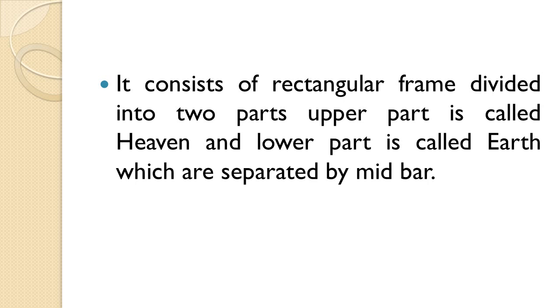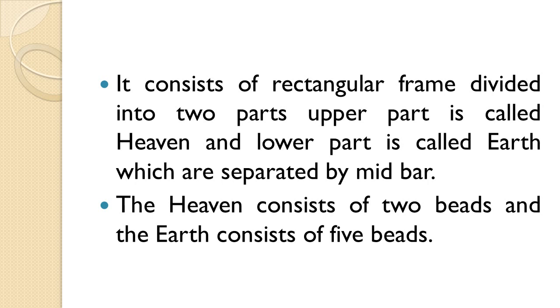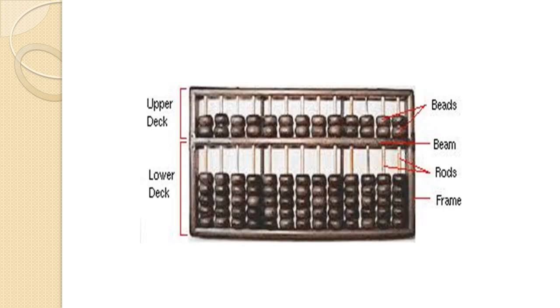An abacus consists of a rectangular frame divided into upper and lower parts. The upper part is called heaven and the lower part is called earth, which are separated by a midbar. The heaven consists of 2 beads and the earth consists of 5 beads. As in the figure, the different parts of an abacus are clearly shown.